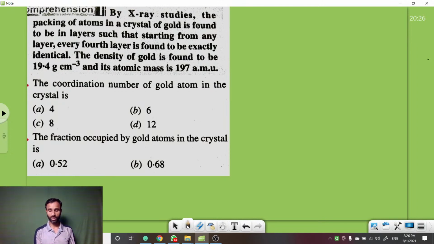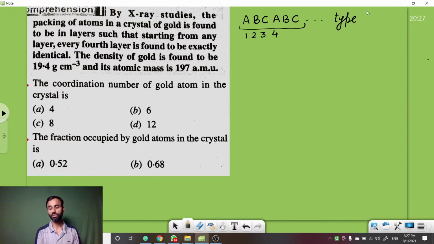As the fourth layer is exactly identical, it is like A, B, C, A, B, C. ABC type packing is there, right? So what does it mean? Every fourth layer is the same as the first layer, so that means it is ABC type packing.